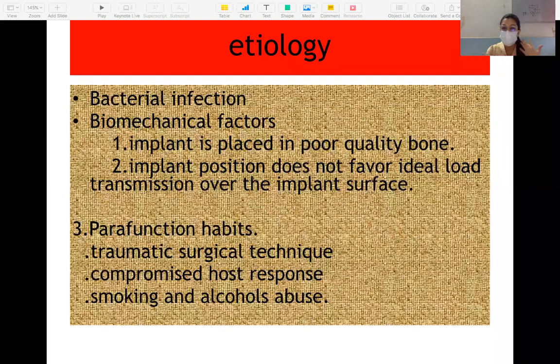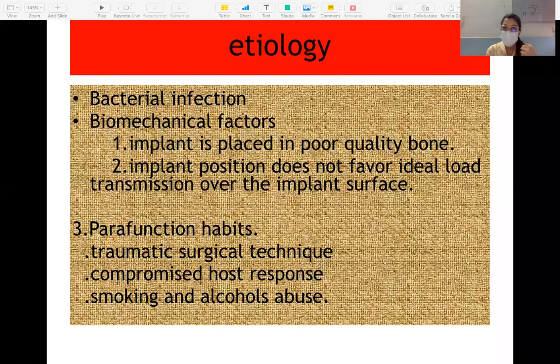Parafunctional habits can be such that a patient is a bruxer or has a chronic clenching habit. The fourth point is traumatic surgical technique, like proper irrigation was not done during the surgery. Fifth point will be compromised host response.